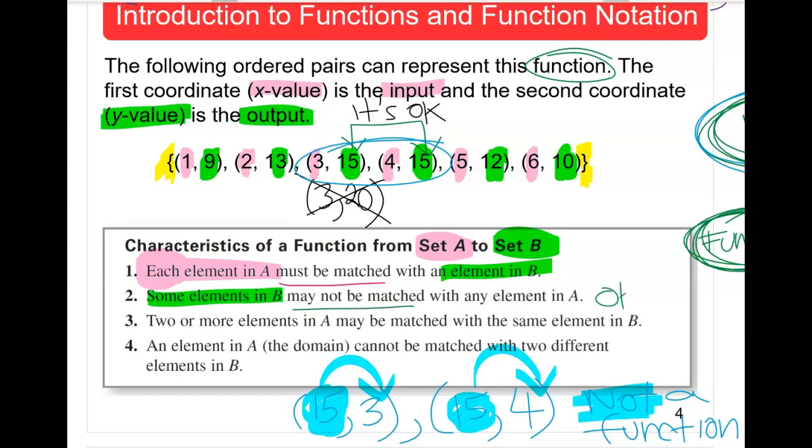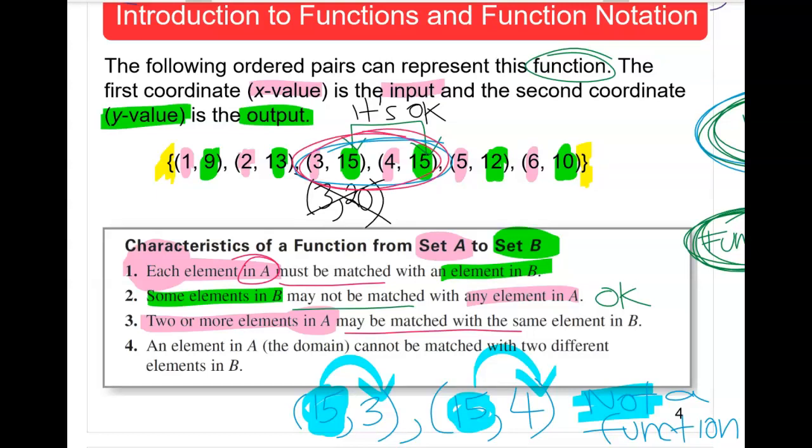And that's still okay with the elements in A. So the ones that must have a partner are the elements from A. Now, number 3, 2 or more elements in A may be matched with the same element in B. That's kind of like our example with the temperature, this one.